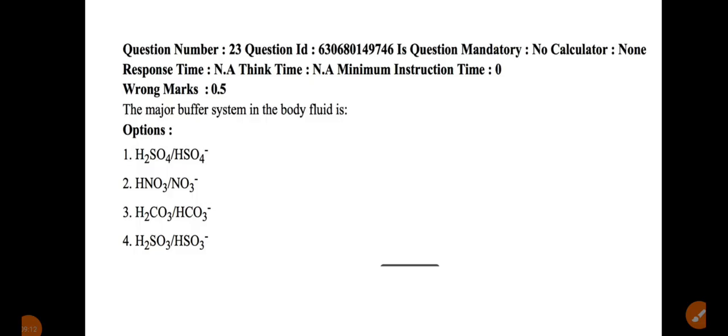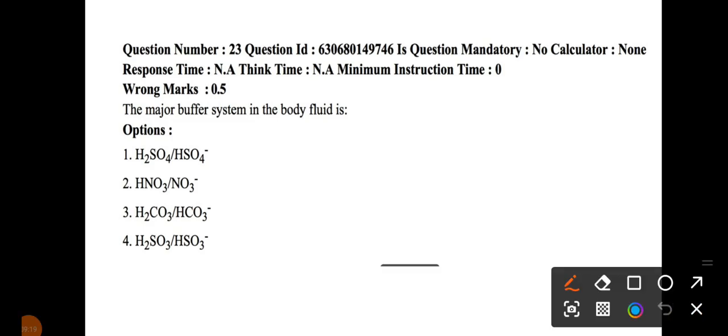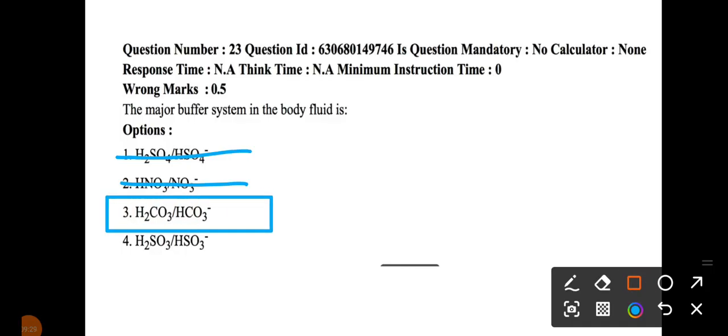Means sulfuric acid and nitric acid are not the dominating buffer system in the body. So these two options have been cancelled, right? Okay, so here H2CO3 and HCO3 minus, right? So our answer is H2CO3 and HCO3 minus. These are the carbonate buffers, right? So carbonate buffers are there.